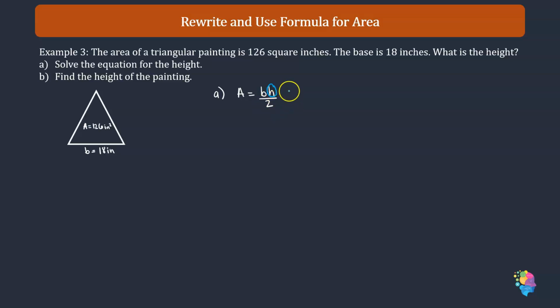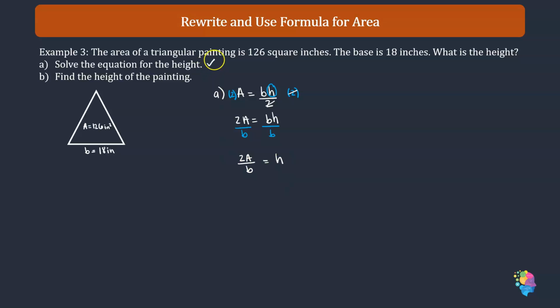Since this is division, we're going to multiply both sides by 2. On the left side, we get 2a is equal to, the 2's get eliminated, and then we have still the base and the height. We haven't completely solved for h. We still have this multiplication by b, so we're going to divide both sides by b. On the left side, that leaves us with twice the area over the base is equal to the height.